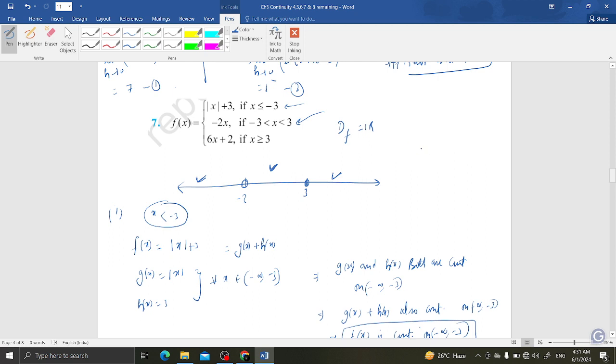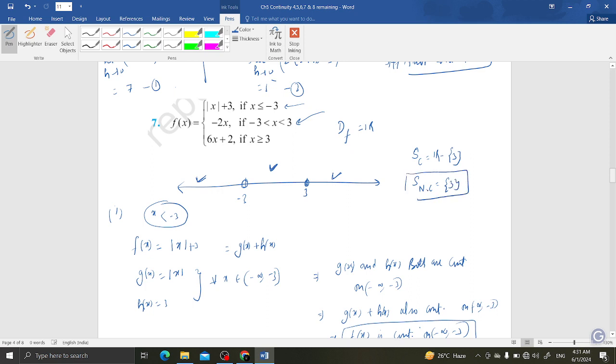So the set of continuous points is R minus 3, and the set of not continuous points will be only one point, that is this one.